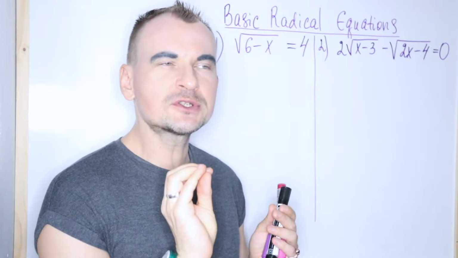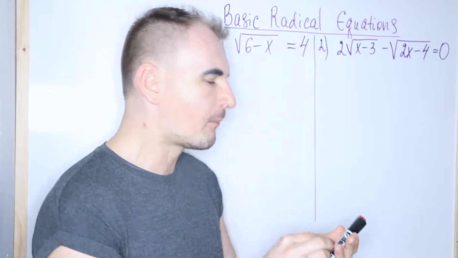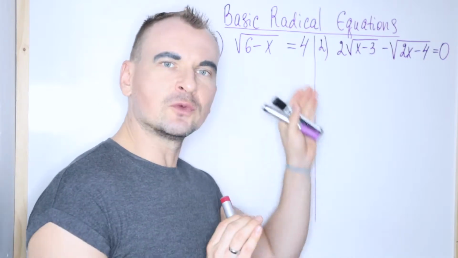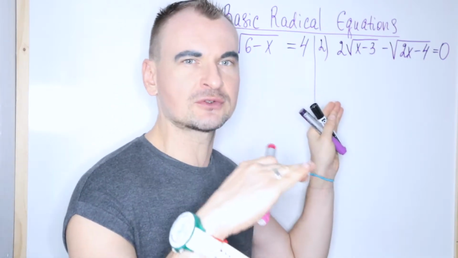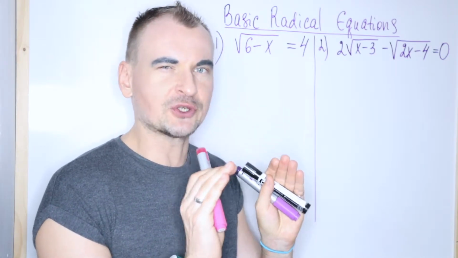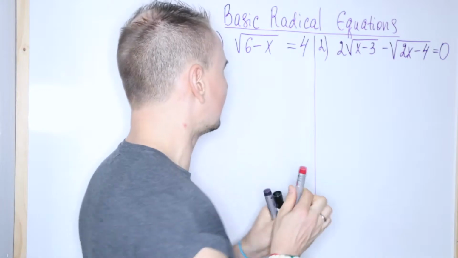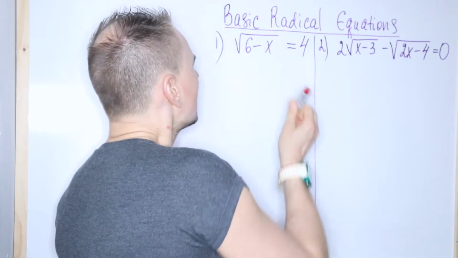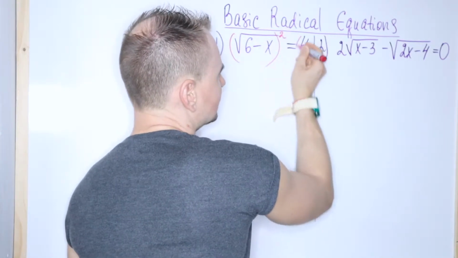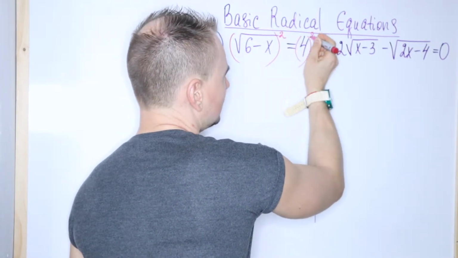So all you want to do is just square both sides of your equation. Keep in mind that what you do to one side, you have to do to the other side. So you want to keep your equation balanced, so you don't change the overall value of your equation. So I'm going to square both sides of my equation to the second power.